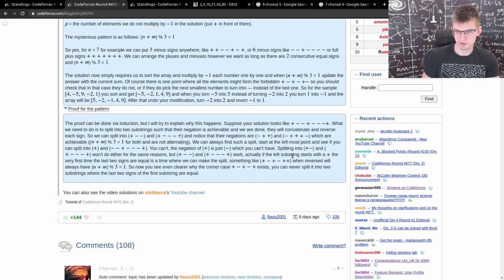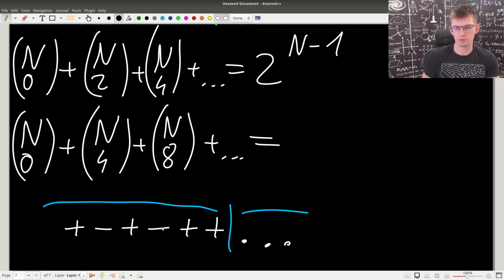If the left substring starts with a plus, the very first time the last two signs are equal is a time where we can make the split. Oh, but we flip. After flipping, this will be plus and plus. So it will be n equal to 6, and the number of pluses is 2.